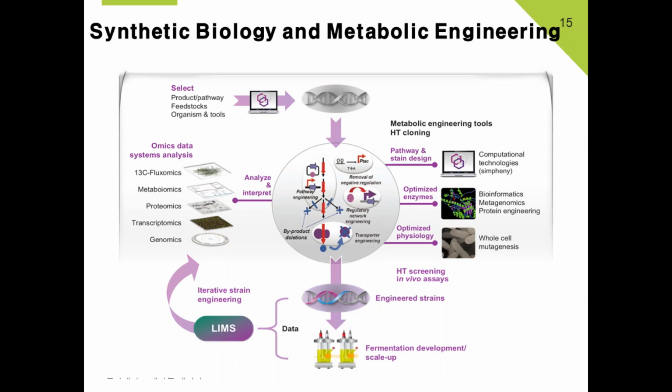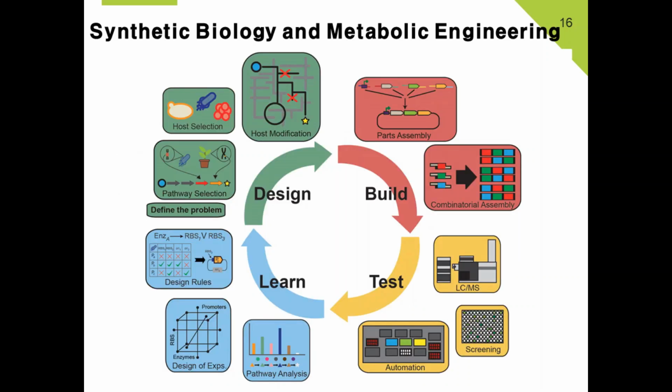Now, after that, if you have a very good strain already, if it's stable, and if it always produces your product, then you can go on and use it in a biorefinery. But if it's not, you can do this cycle again, because this cycle is the design, build, test, and learn cycle for metabolic engineering. So we go through this a lot in my lab.